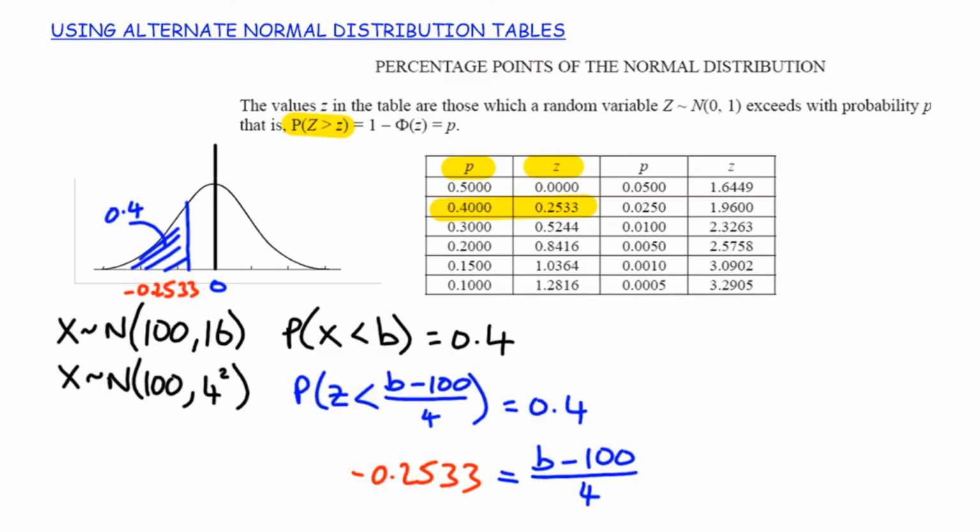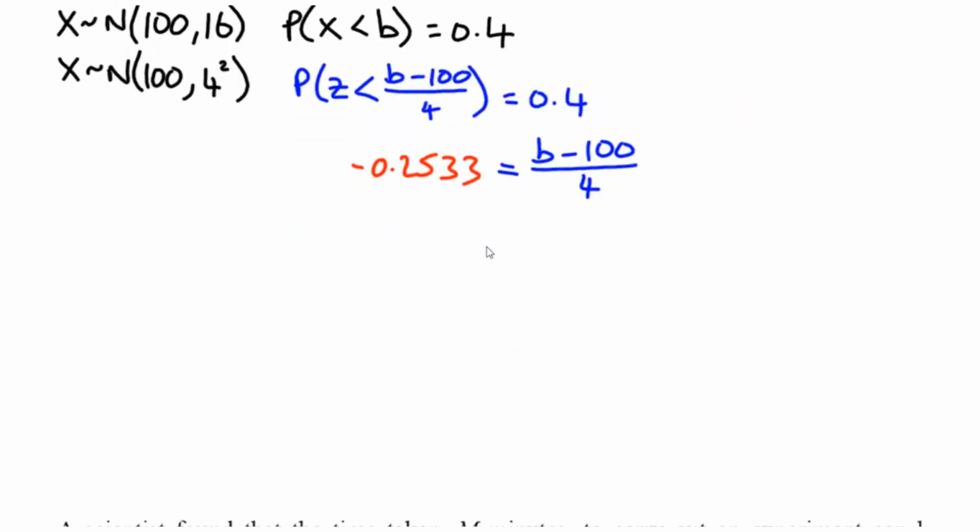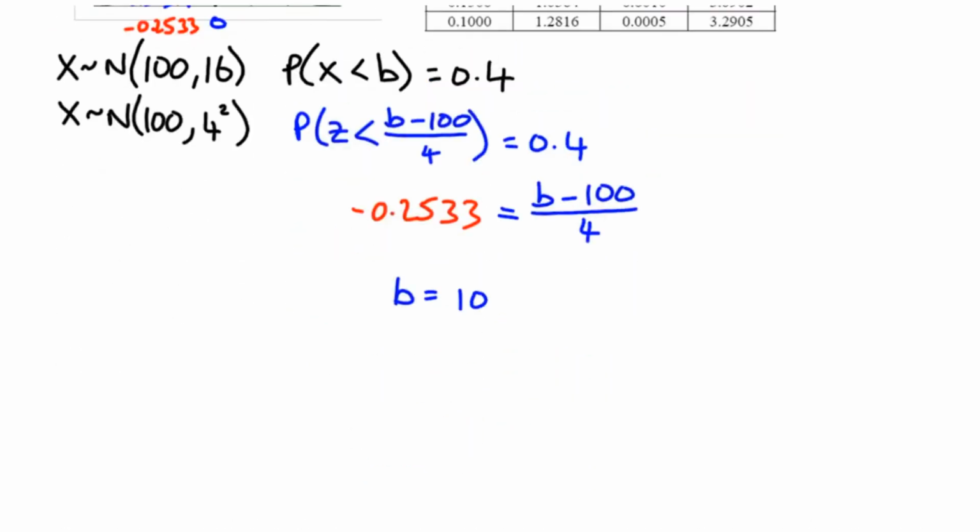All right, so some sensible rearranging is going to allow us to figure out the value of b. So b is going to equal 100 plus 4 lots of this negative 0.2533. And that leaves us with 98.9868.